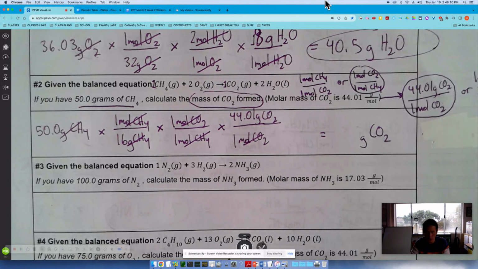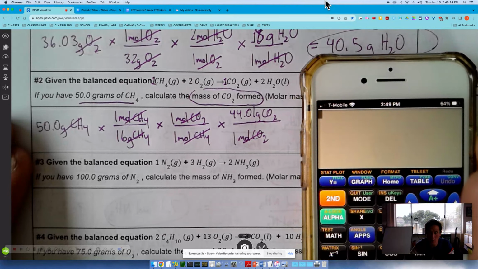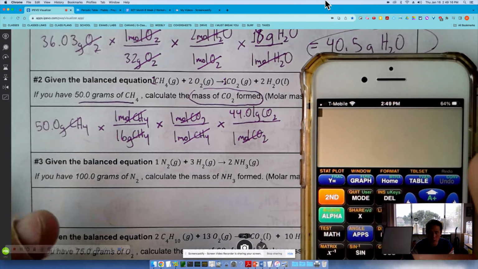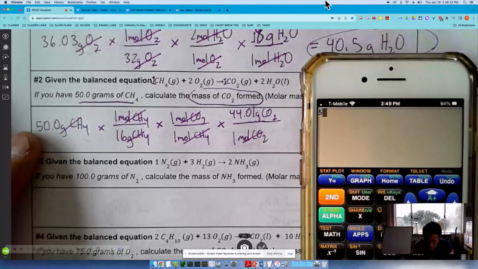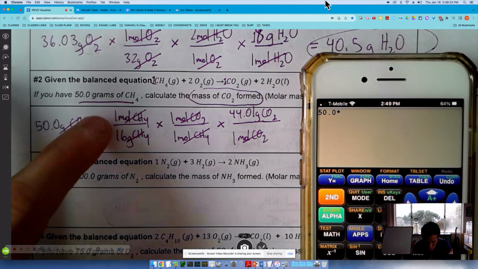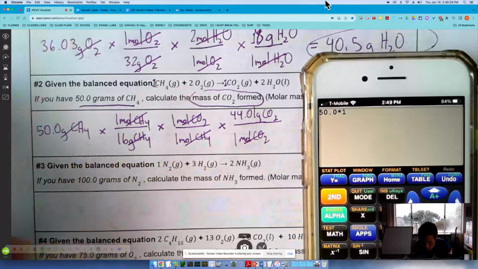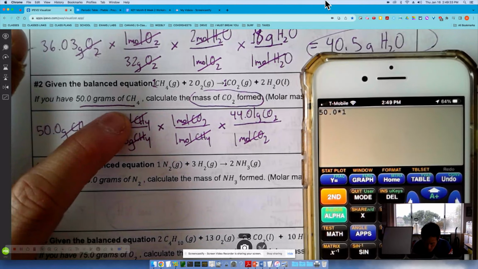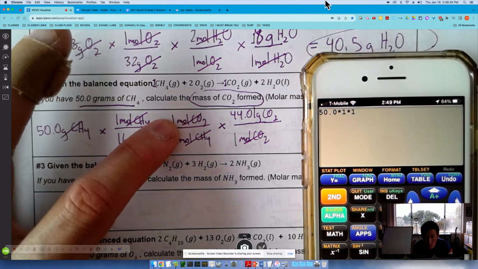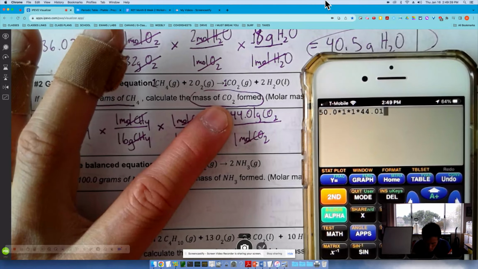All I have to do now is to calculate this. Hopefully you know what I'm doing right now. I'm not going to explain it as thoroughly because I've already explained it in the past 3 pages of problems. You're going to multiply 50.0 times all the numbers on the top, 1, 1, 44.01.